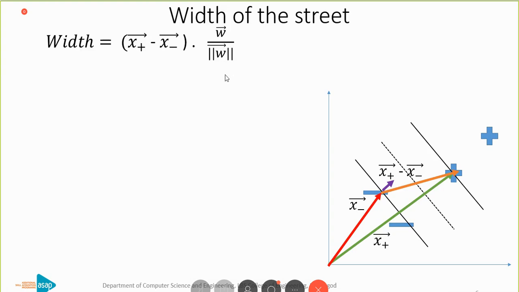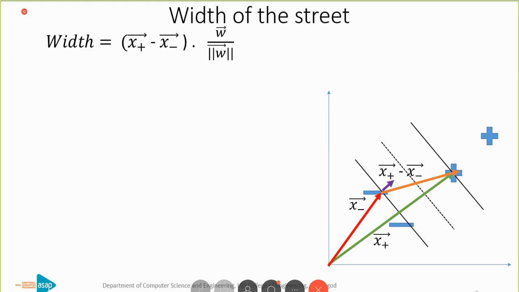So you will represent the unit vector like that: the vector divided by its norm. So you got the width now. The width is a scalar quantity. How did you get that? You take the projection of this difference vector onto the unit vector to get the width of the street. Okay, we already have a constraint.